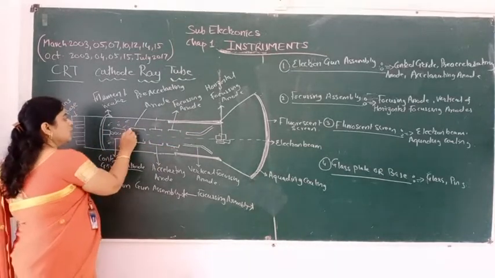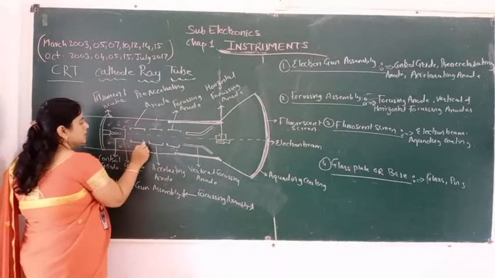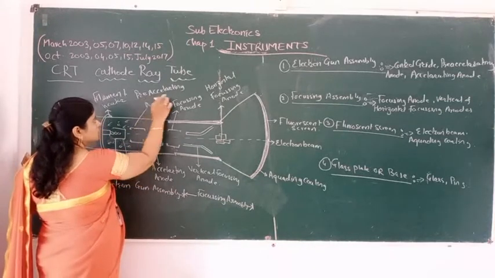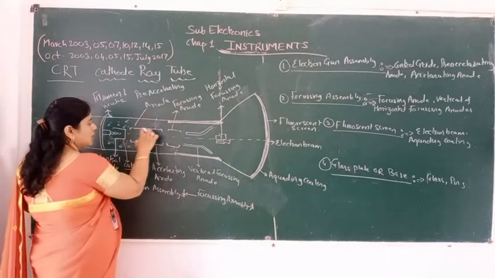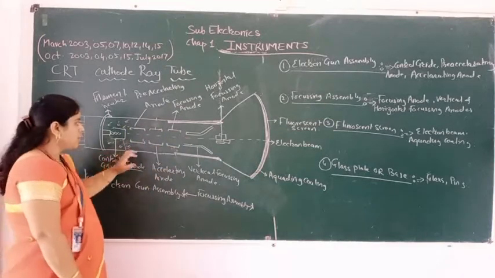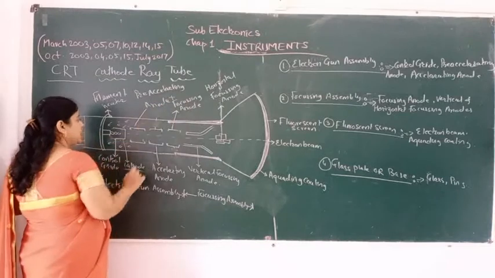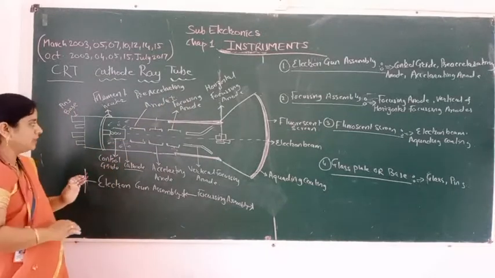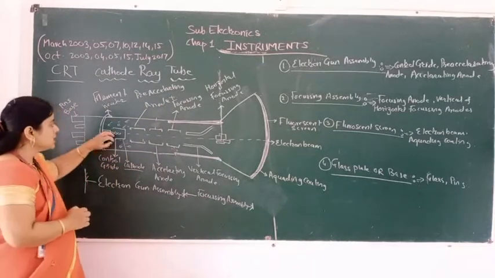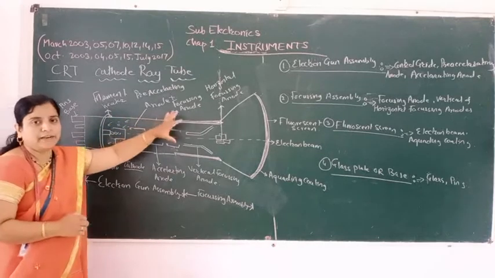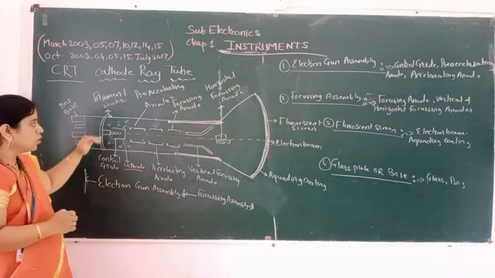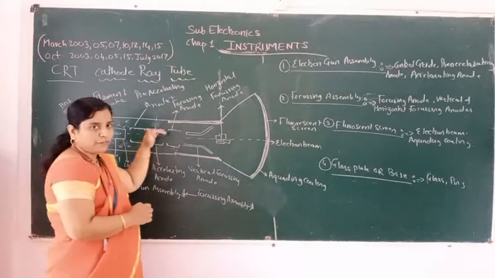Therefore, these anodes are used. The accelerating anode and pre-accelerating anode are used so that, what happens? The anode has a plus sign and the cathode has a negative sign. So the electrons will not flow everywhere in the screen. It gives the path to flow through.